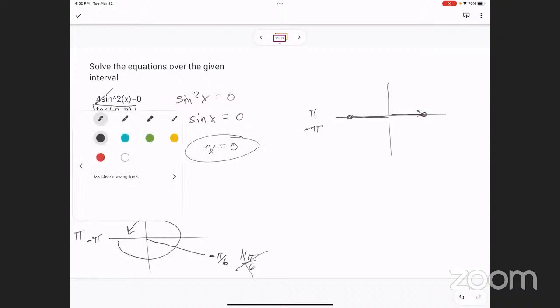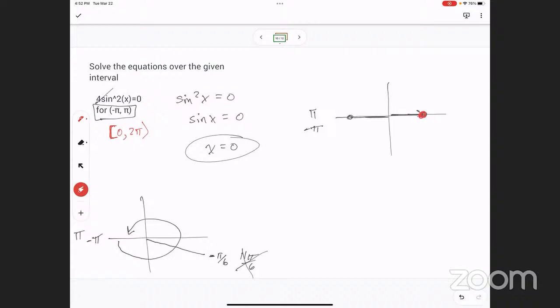Now, if they had asked me to find the answers between 0 and 2 pi, then what would my answers have been? If they had asked you, instead of negative pi to positive pi, not including, remember how most of them look like this, with that bracket and the open parentheses? If they had said this instead of this, what would the answer be?